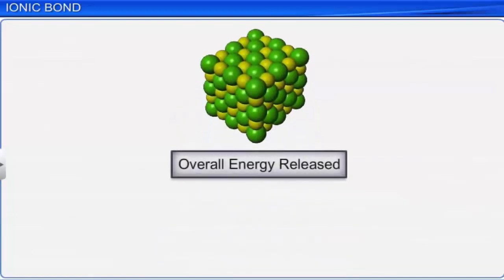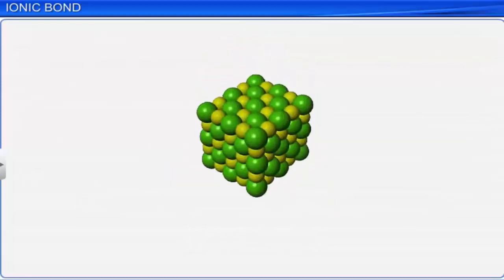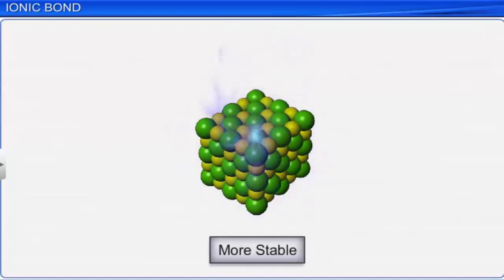The overall energy released is the sum of 495.8 minus 348.7 and minus 788, which results in minus 640.9 kJ per mole. Since energy is released in the process, it makes the crystal lattice more stable.